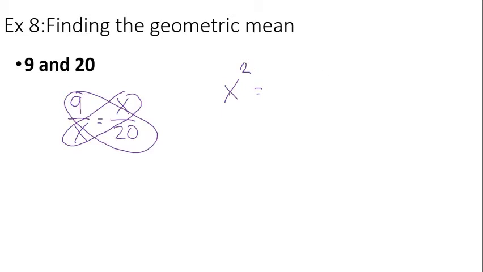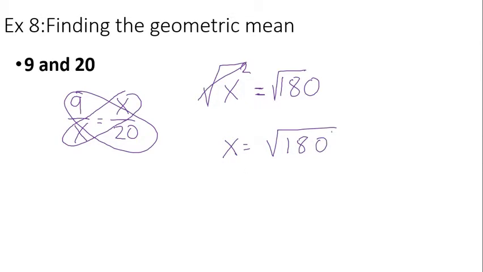That's going to give me 180. Okay. All right, so now I take the square root of both sides. Okay. So these eliminate. I get x equals square root of 180.